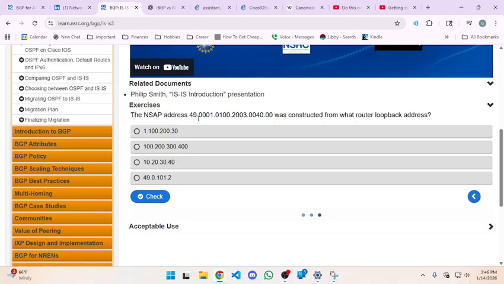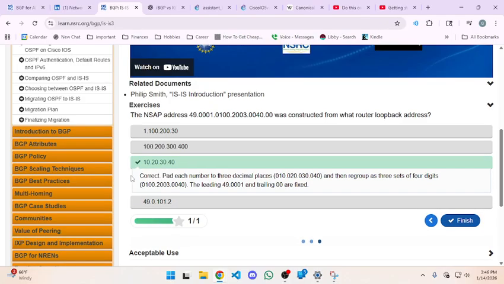The NSAP address was constructed from what loopback address? Okay, yeah. So ISIS starts with 49. So I think it's sandwiched, so it's going to be ending in 00. Oh, right, and then there's weird syntax. I think it was this one.